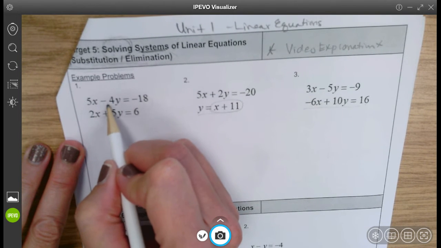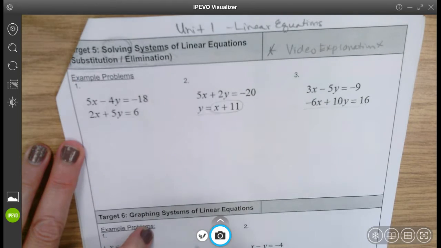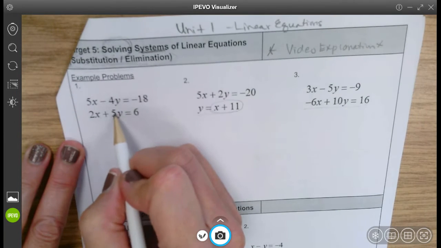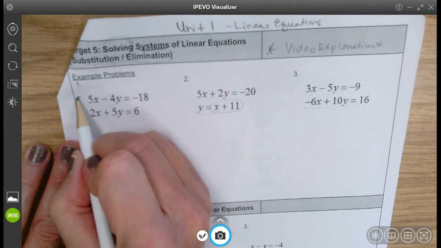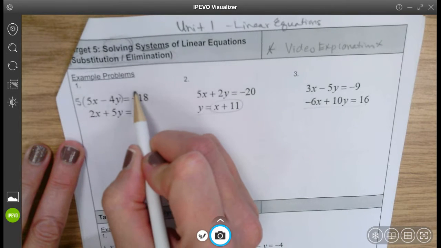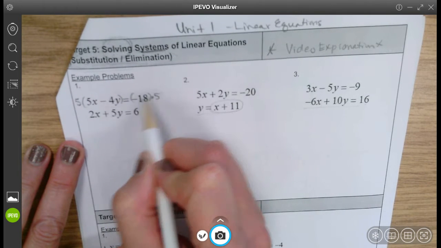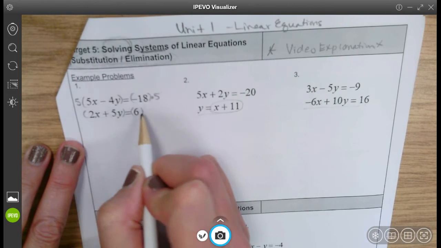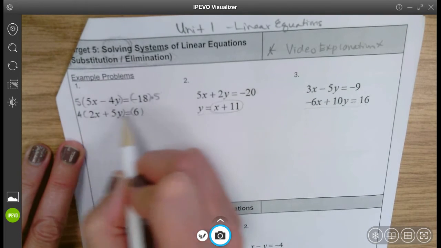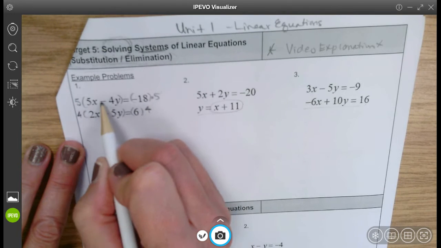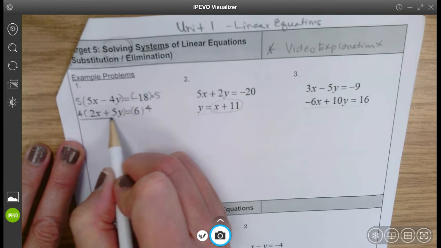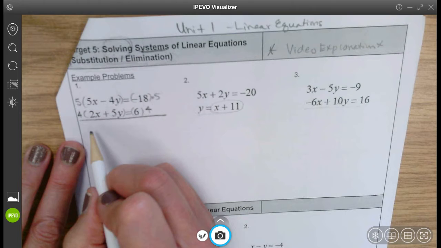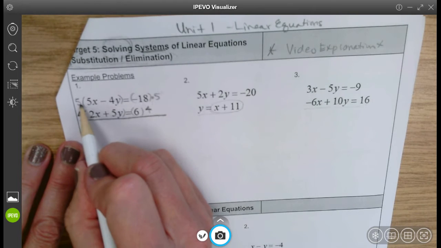That means I need to look at 4 and 5 and turn them, with multiplication, into a number that cancels. The common multiple of 5 and 4 is 20. So the top one I'm going to multiply by 5 on both sides. The bottom one, in order to make that a 20, I'm going to multiply the left and the right by just 4. I don't need to change my signs because they're already opposites. I'm going to draw a line here just to say that I'm changing the way I write it.